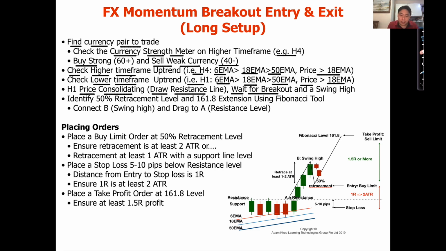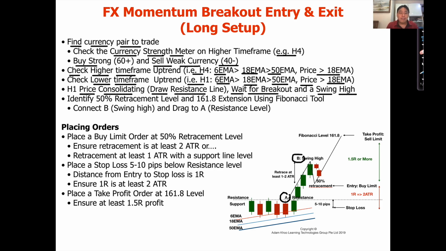Once you see that breakout, as I'm showing you over here, you are waiting for it to hit a swing high, and it starts retracing, starts coming down. So you're waiting to buy when it retraces by 50%. So identify your A. A is your level of resistance, or where the price started moving up. B is the swing high.